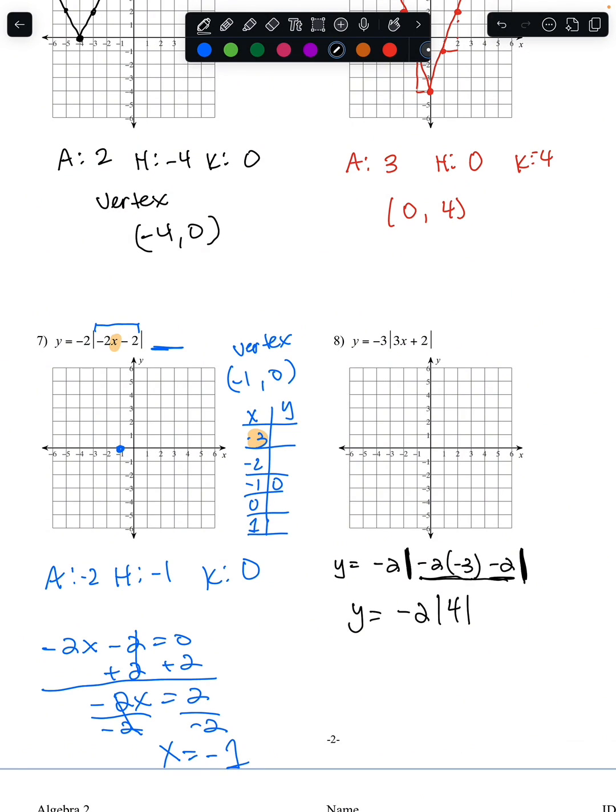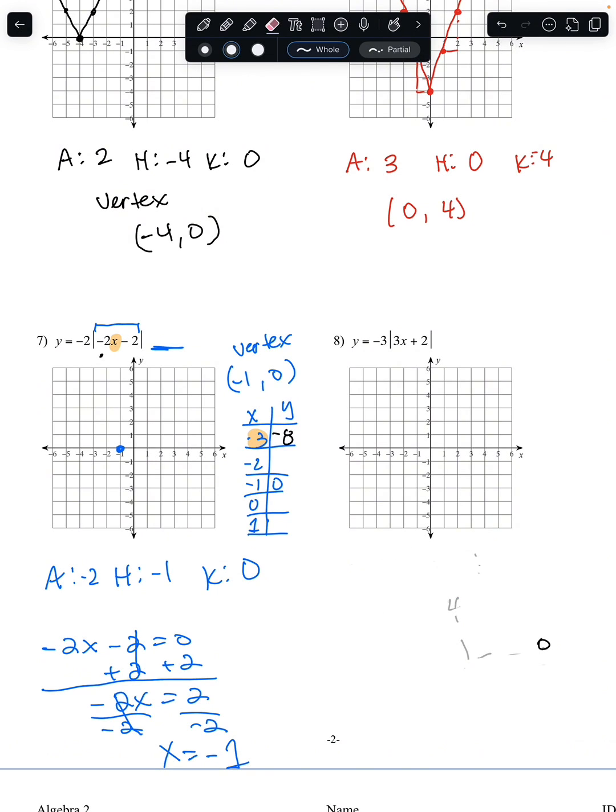And then -2, and then the absolute value of 4 is 4 still. So -2 times 4 is -8. So this is going to be -8. So I've got to go to -3, -8, which will be up this way somewhere, right? Okay. So I'm about to erase this. You can go back and pause it if you need to.